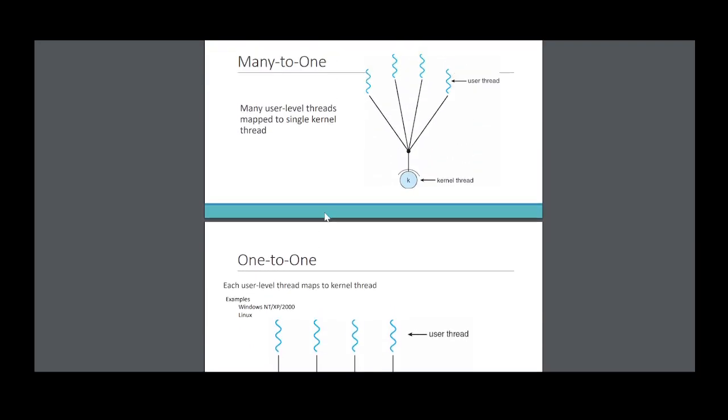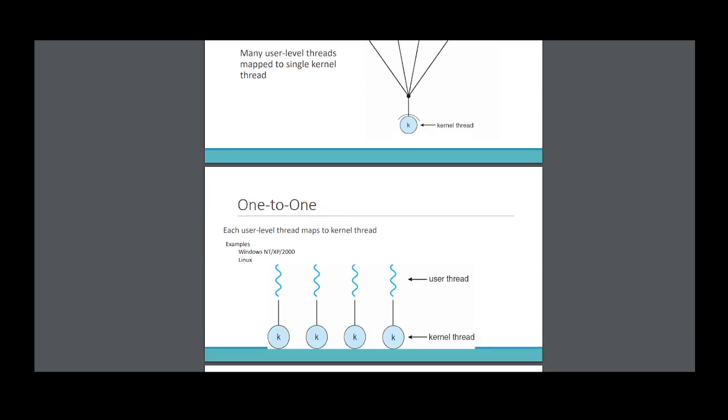Since one user thread is taken care of by one kernel thread, it doesn't cause blocking, because no other threads are coming to that kernel, only one thread is coming to one kernel, so it doesn't block.